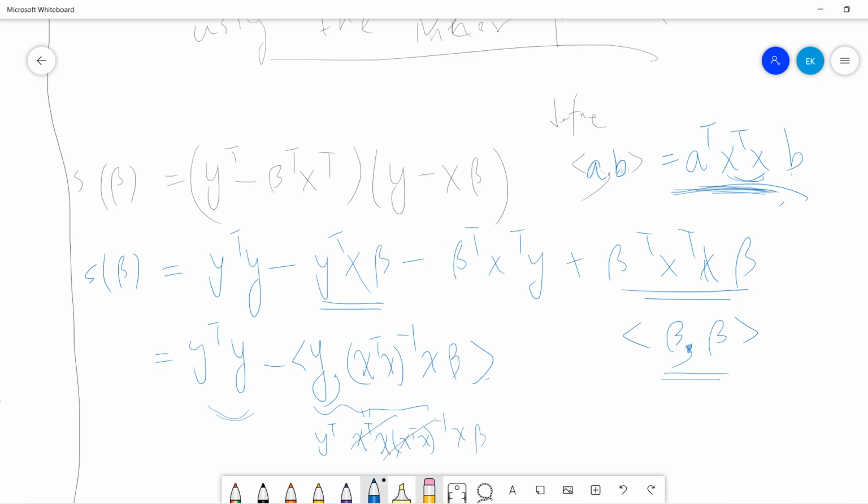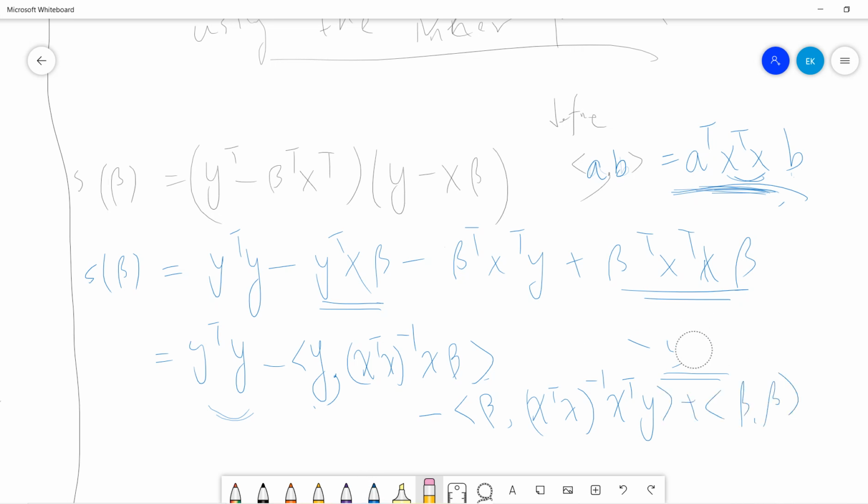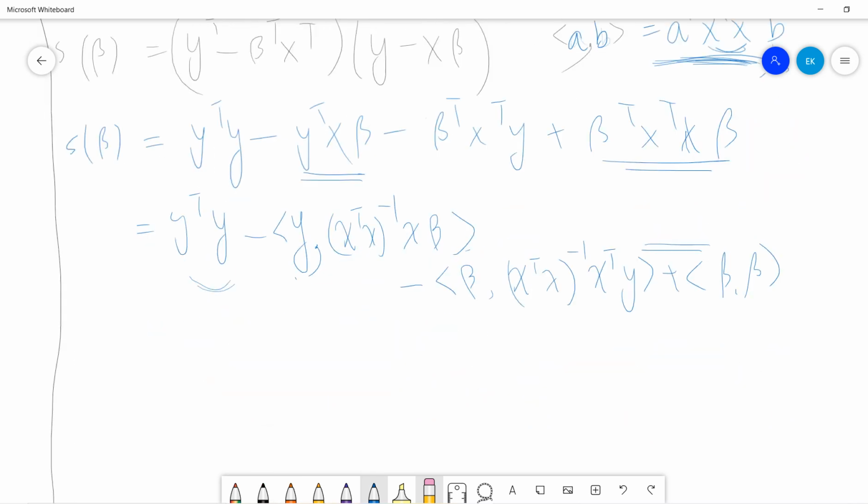So these two terms cancel. And for these terms, I can write it the same way as beta, (X^T X) inverse X^T y, plus beta. So we have 4 terms.